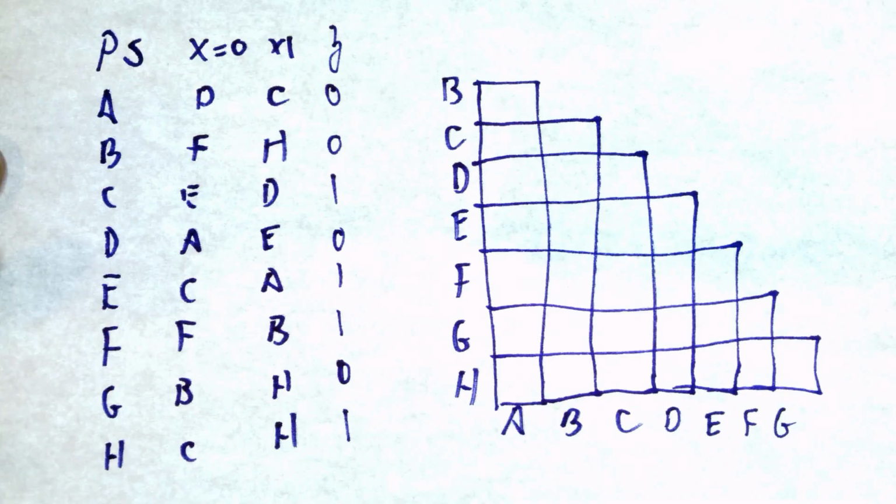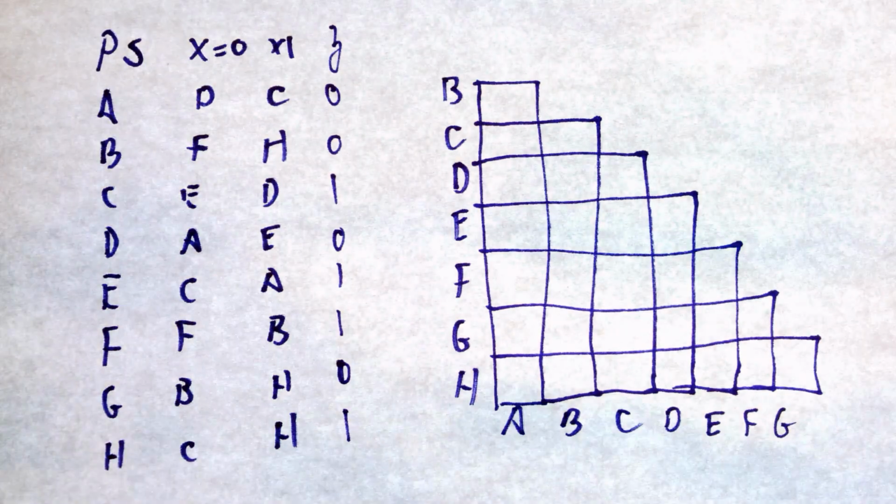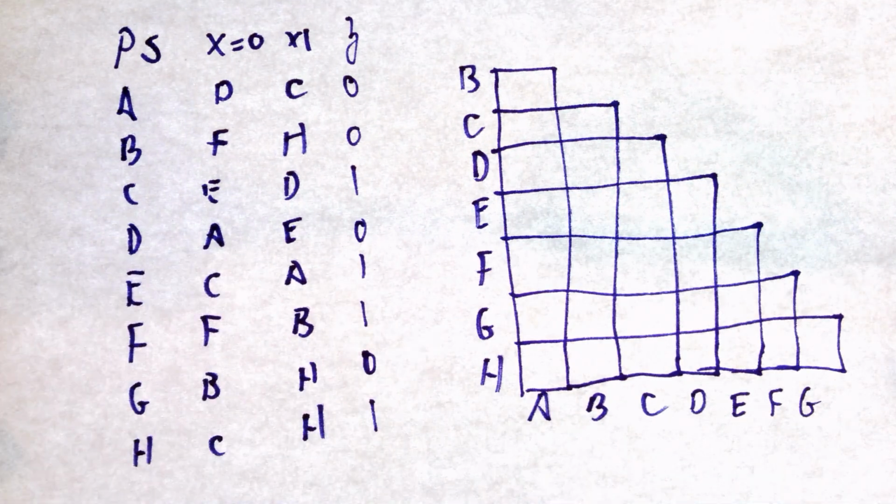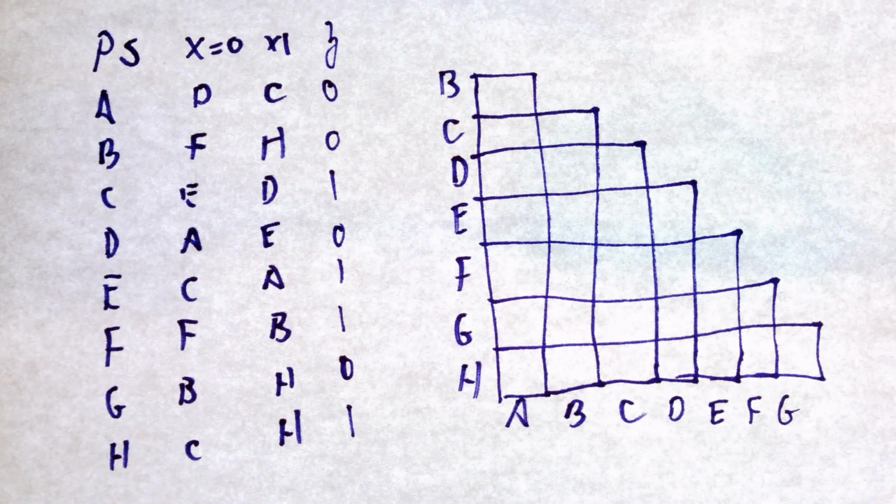Then I think I'll switch pens so that we can write our transitions a little bit more clearly. And let's do an examination of the outputs first. A must be different from C because of its output being different.